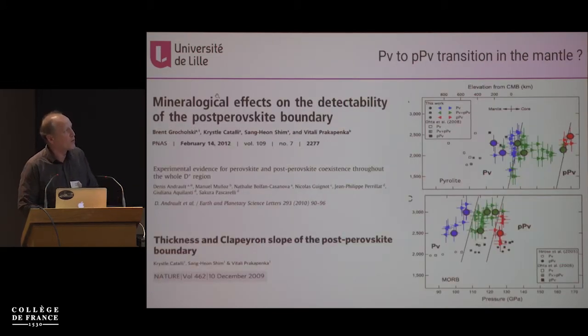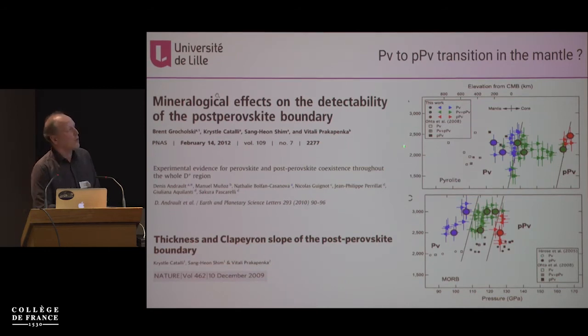From a mineral physics point of view, you don't see the gray here, so one of the first questions is, do you actually have post-perovskite in the lower mantle? This is the limit in pressure between the mantle and the core. Those papers from 10 years ago or so argued that depending on the composition, you can go from perovskite to post-perovskite structure, sure, but sometimes the pressure at which the transformation occurs is too high, and so it would not happen in the mantle for a pyrolytic composition, and it will happen for a MORB composition.